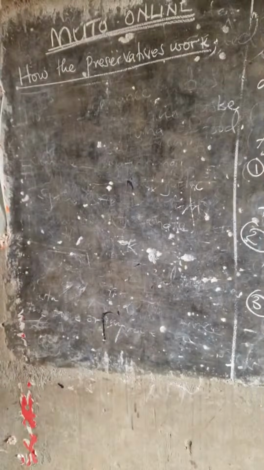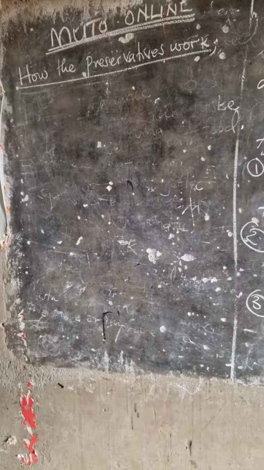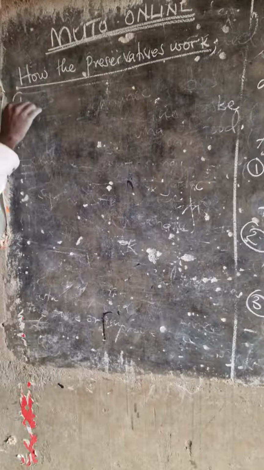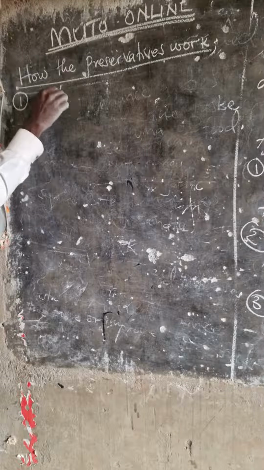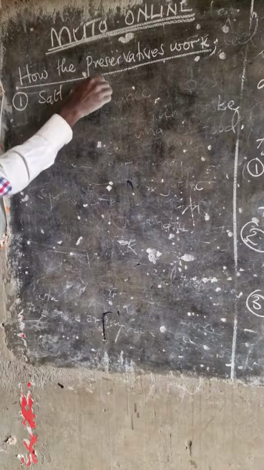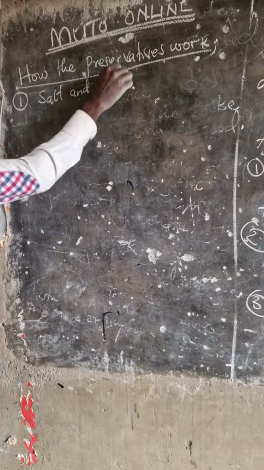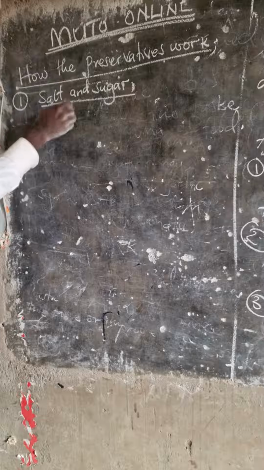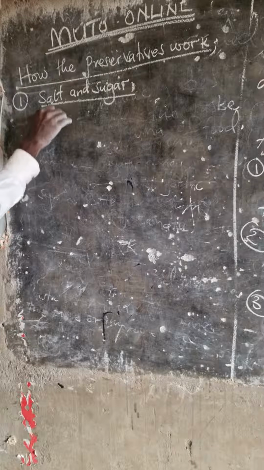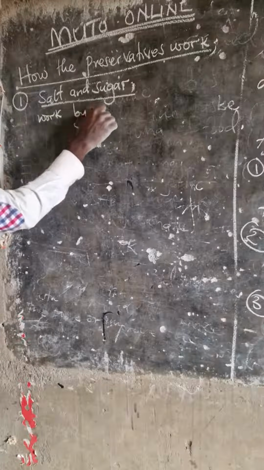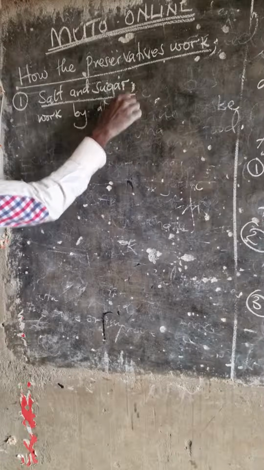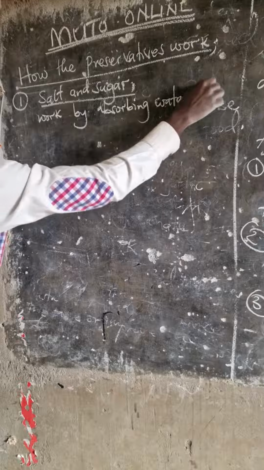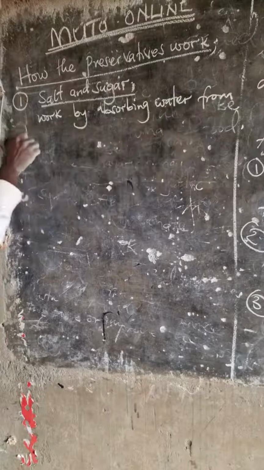So we are looking at how these preservatives work. First, let's look at salt and sugar. How do these preserve the food? These two work by absorbing water from the solid food.